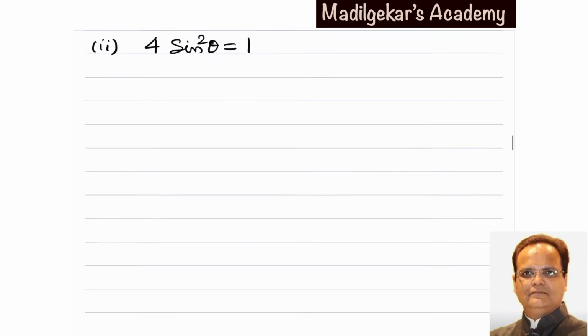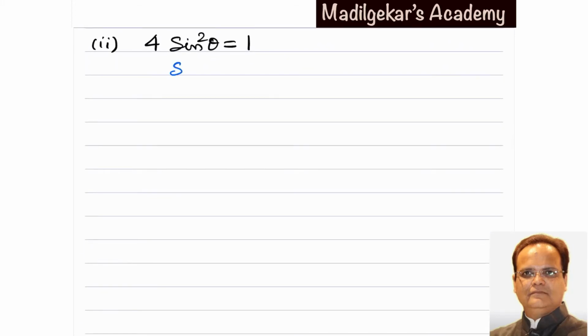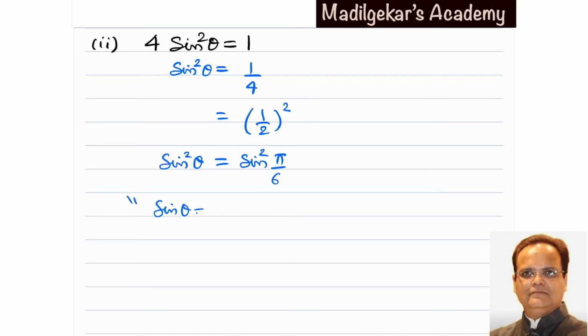Similarly, second bit. The given equation can be written as sine square theta equals 1 by 4, which is 1 by 2 square, that is sine square pi by 6. Recall the formula of sine square theta equals sine square alpha.